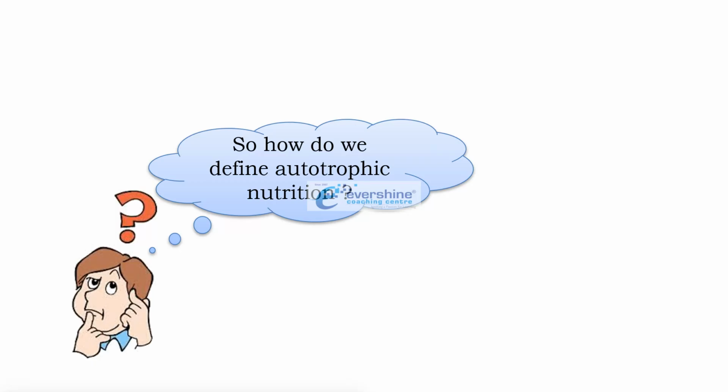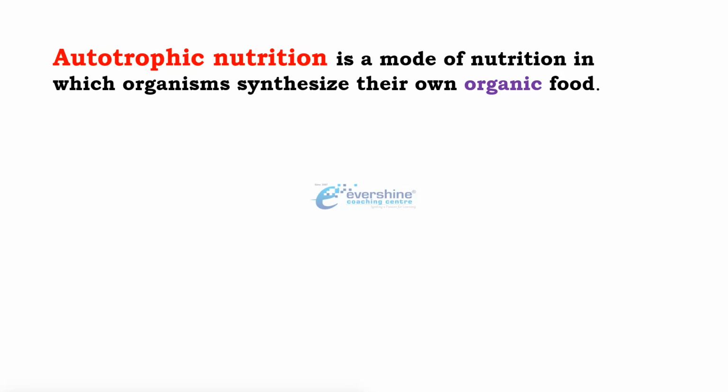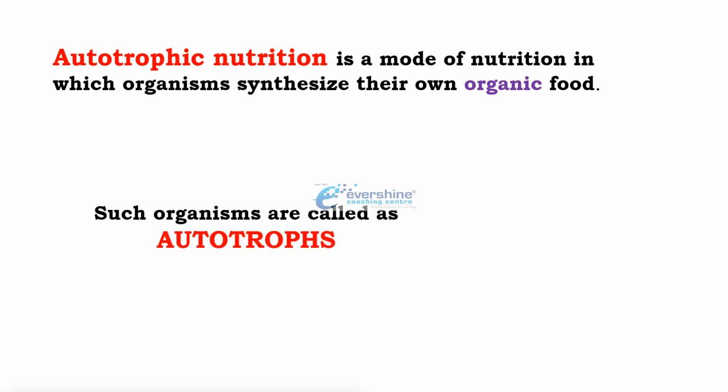Now how do we define autotrophic nutrition? A proper meaningful definition, let's see here. An autotrophic mode of nutrition is a mode of nutrition in which organisms synthesize, that means prepare or manufacture, their own organic food. Such organisms are known as autotrophs.